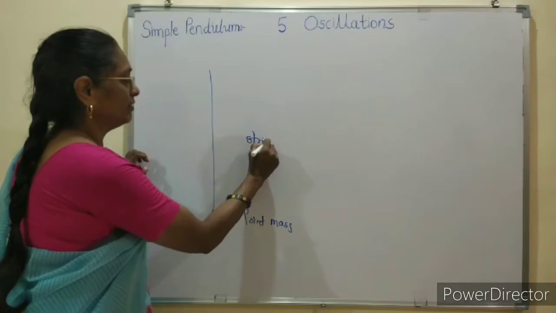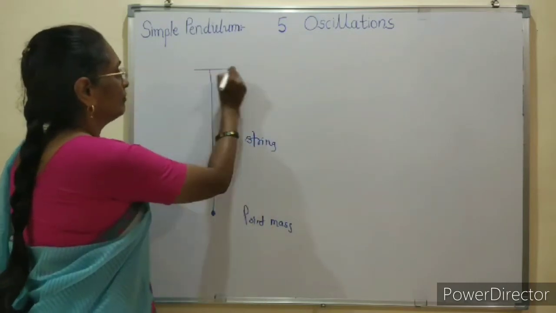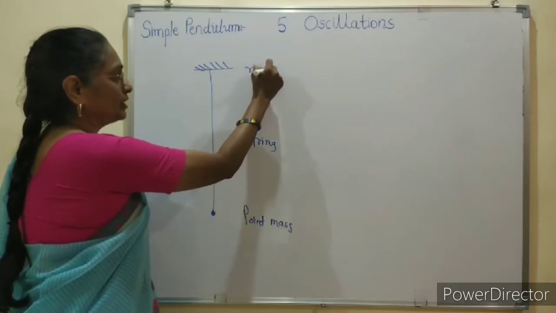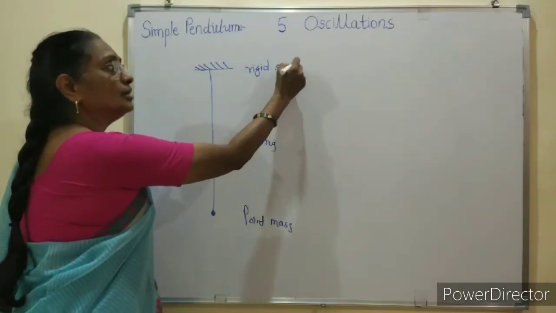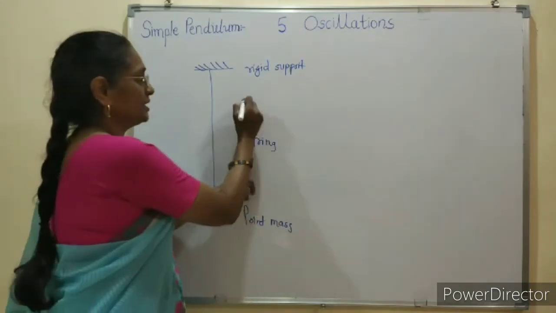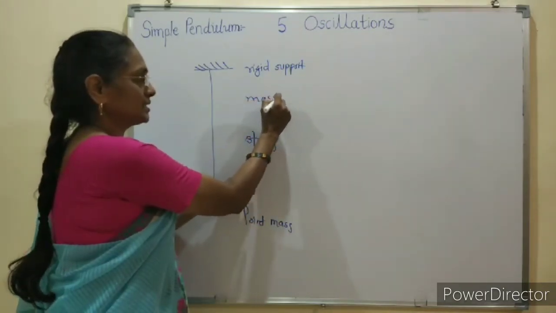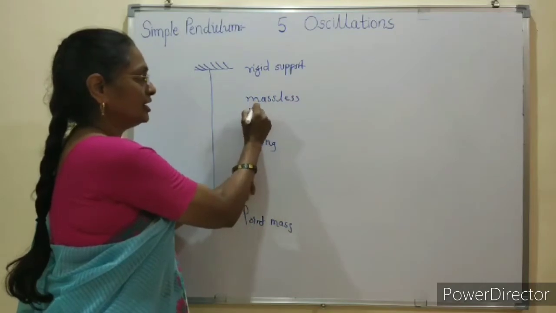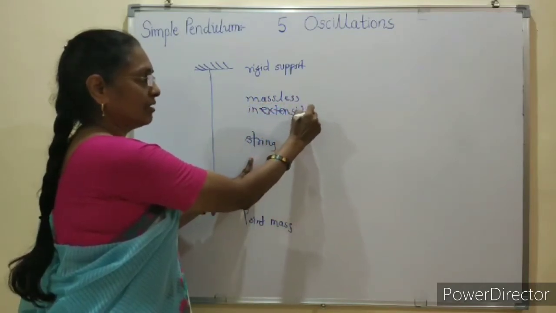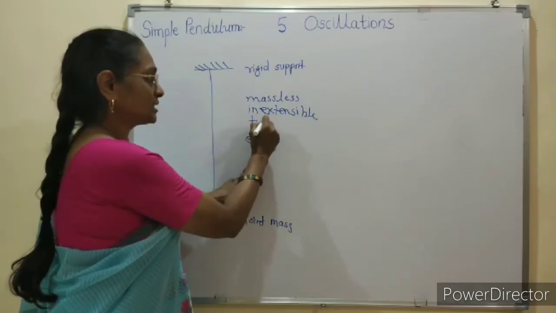suspended by a string from a rigid support, but here the string has some properties, like it is massless, it is inextensible, it should be twistless.